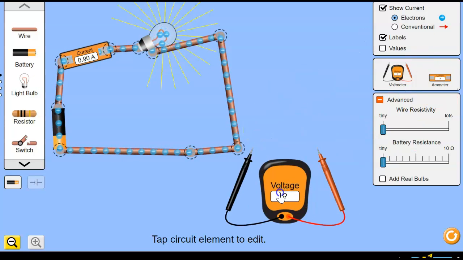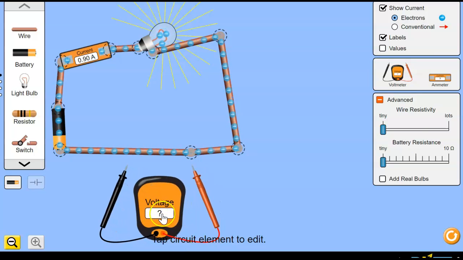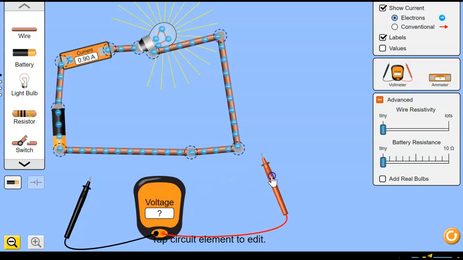The second is our voltmeter. Now, you can see the voltmeter has a display here, and it's got two wires coming off. One is black, one is red. So what will happen is we can use these two wires to measure the potential difference between 2 points in the circuit.